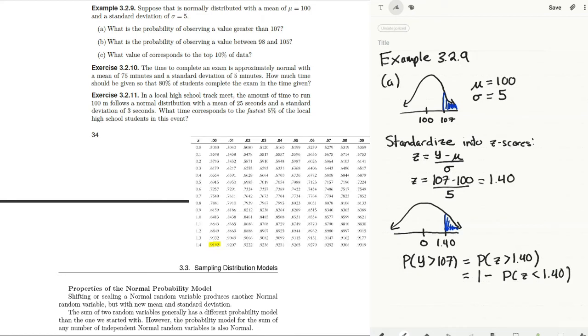So using our z-table, the area to the left of 1.40 is 0.9192. And so the area to the right of 1.40 will be 1 minus 0.9192, which is equal to 0.0808.